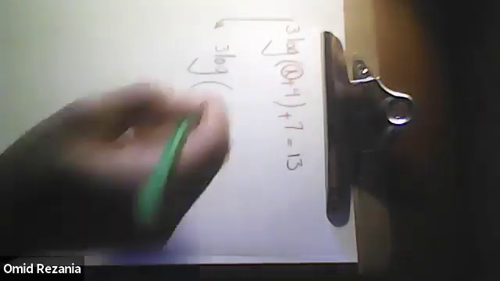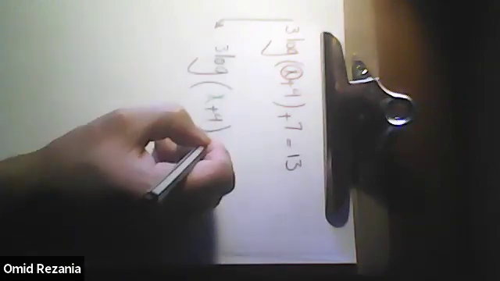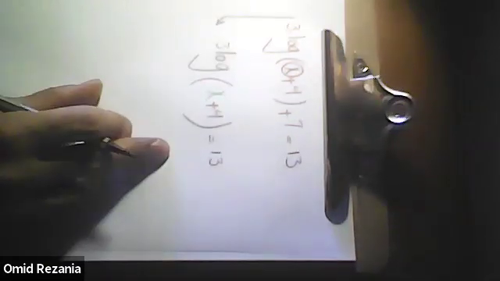I say 3 times the log of x plus 4 equals 13. I take the 7 to the other side, it becomes minus 7, correct? Minus 7.